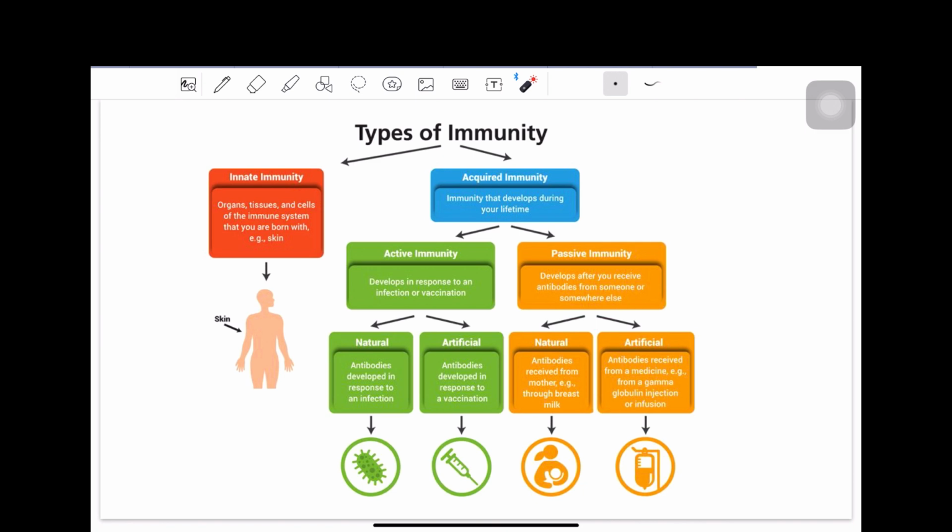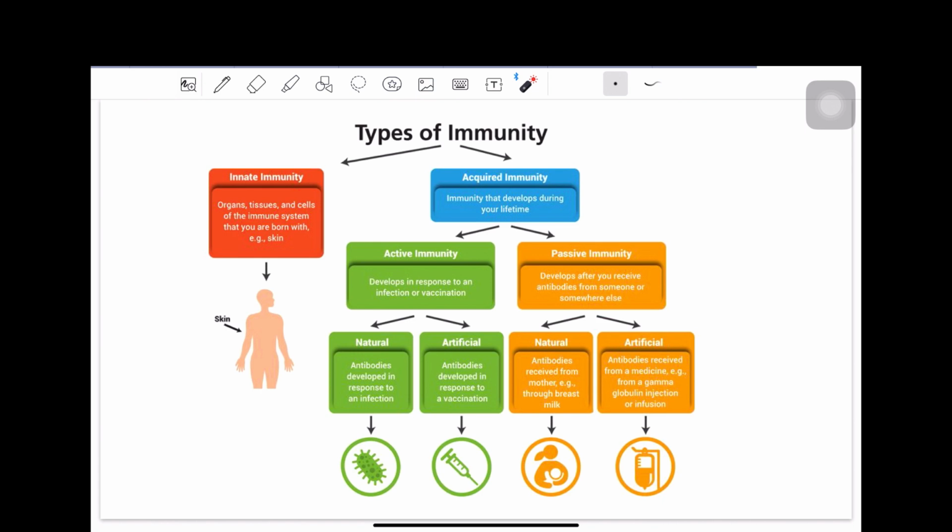For example, suppose there is the polio virus, or the pox virus. If we take a vaccine against any of these viral infections, usually we inject an inactivated vaccine, which is an inactivated strain of the virus, which can be killed, which can be attenuated. There are other types of vaccines as well. Once that is injected in our body, it does not cause any disease, but our immune system recognizes the virus.